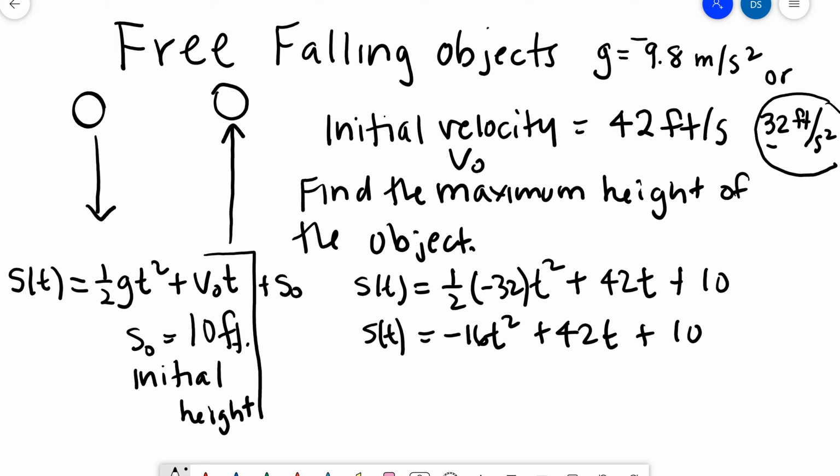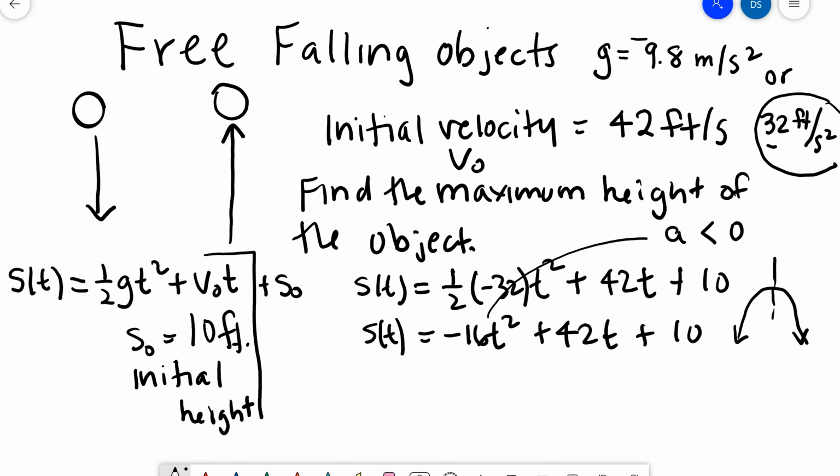Now notice this is a quadratic function. a is less than 0, so your graph is going to do this. If you were to graph it, t is the x-axis and s of t, the position, is the y-axis.